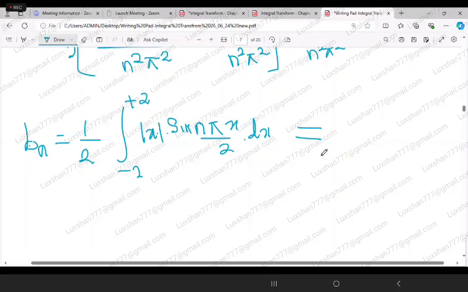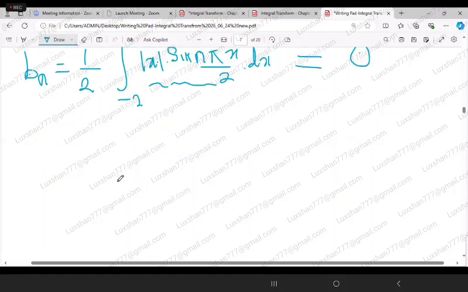What is the value of this one? Quickly, it is 0. Why is it 0? Because mod x is an even function, and sine is an odd function, so ultimately it's an odd function. Therefore, that is 0. So bn is 0.